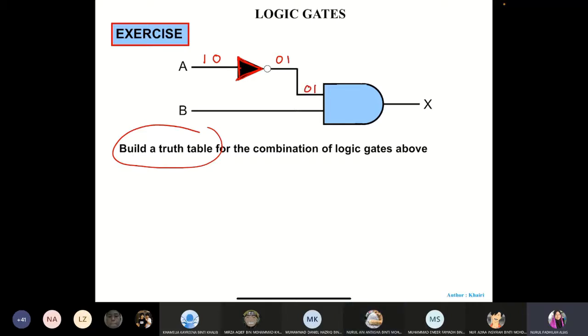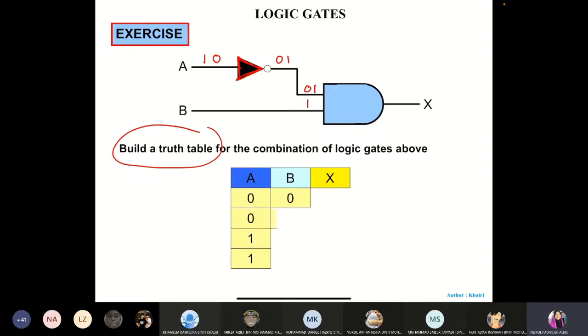B. B ni depends on the result lah. Okay. So katalah kita ada 1, sini 0. Itu sahaja. Okay, kalau diberi begini, so A0, B0. So awak tengok.